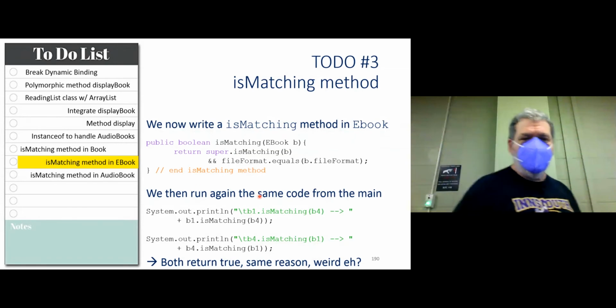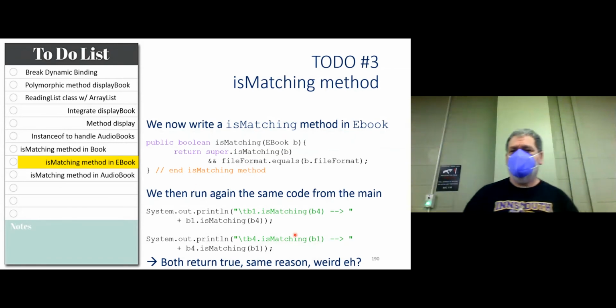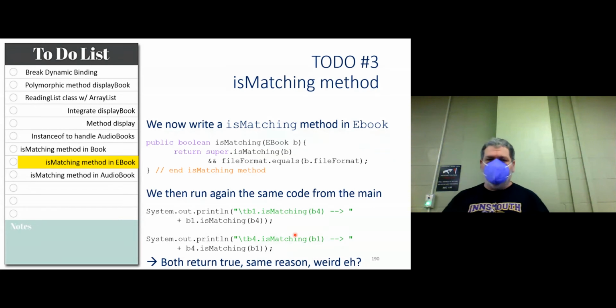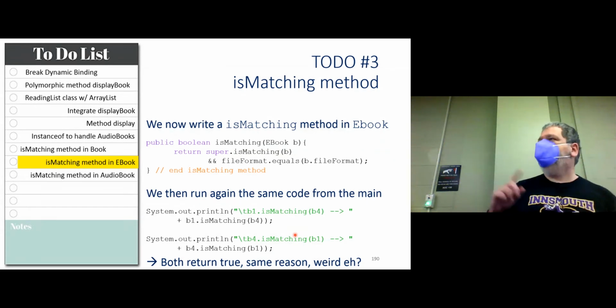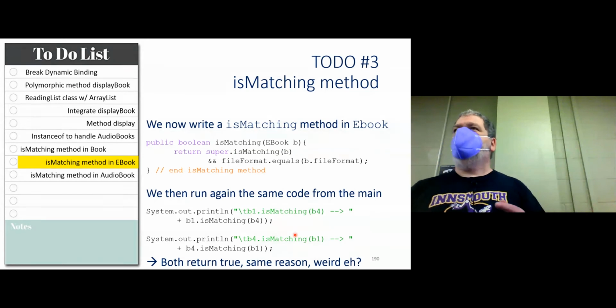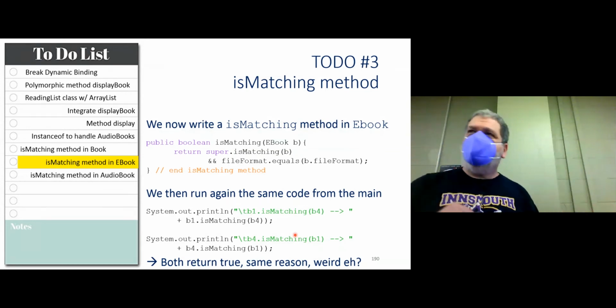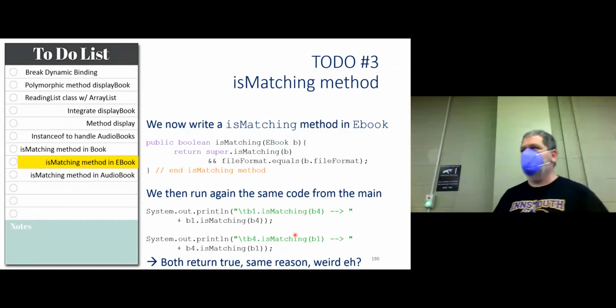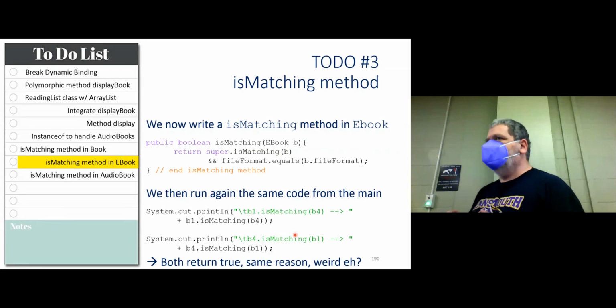Okay? And then we run the same test. So b1.isMatching(b4). b1 is a book, b4 is an ebook, right? b4.isMatching(b1). Again, they both return true. It's a little weird now because we are comparing a book and an ebook.